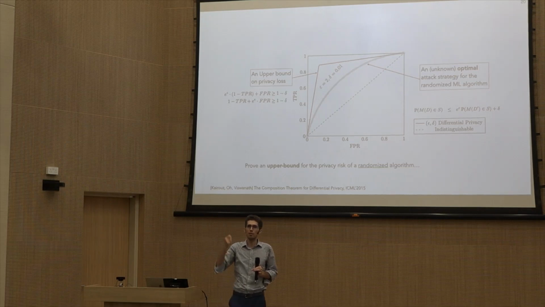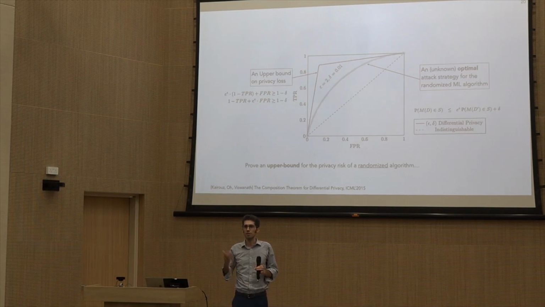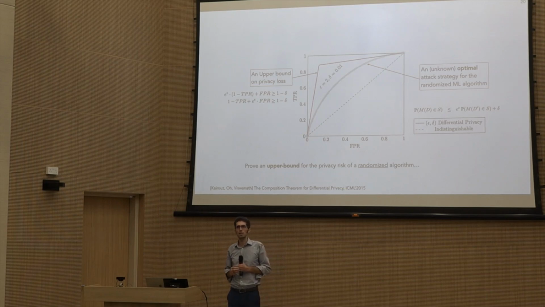What's the probability of him observing this prediction? Or he looks at the model parameters, what's the probability that he observes this particular value of the model parameters? That should be more or less the same no matter whether Z is in the training set or not. If that is the case, then this prevents or mitigates the risk of membership inference attacks and any other attacks. Make sense?